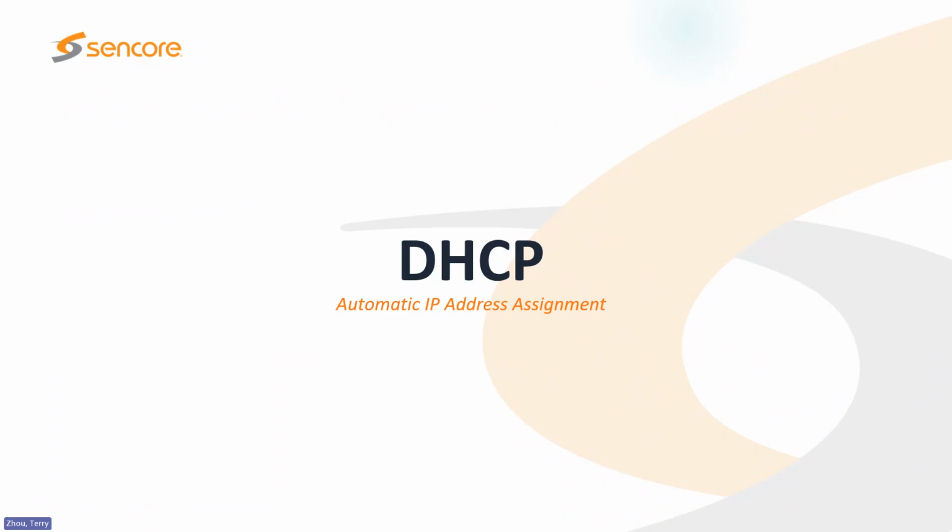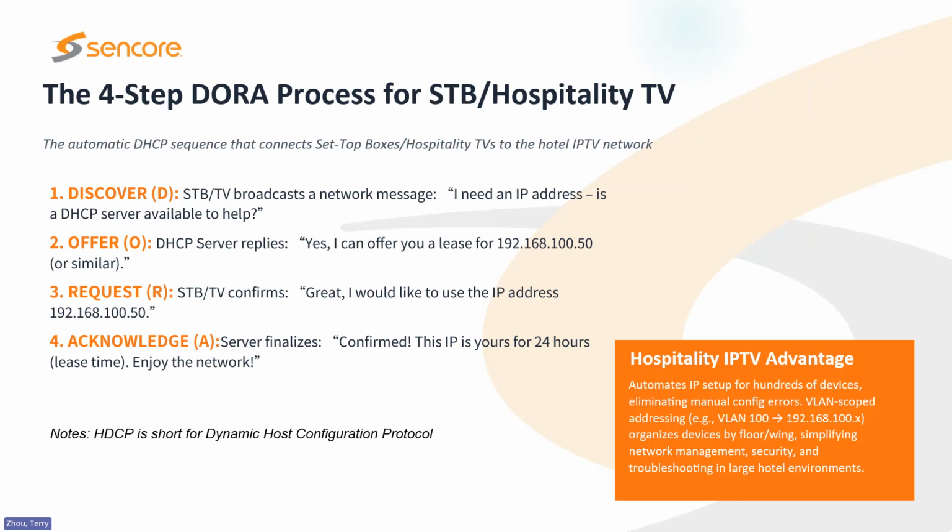Okay, so next one, DHCP. DHCP is typically used for dynamic IP address assignment. If there is a layer 3 switch or a router inside the network, then that router or layer 3 switch will play the role of DHCP server.